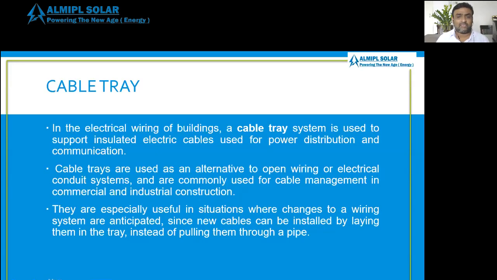They are especially useful in situations where changes to a wiring system are anticipated, since new cable can be installed by laying them in the tray instead of pulling them through pipes.